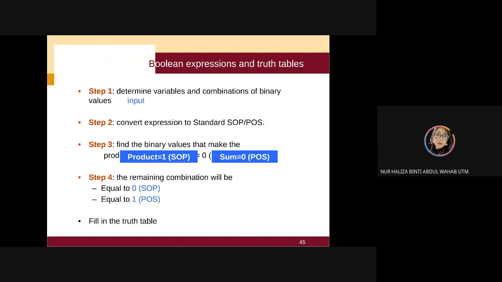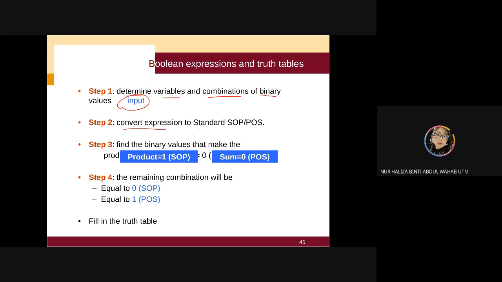And this is how you're going to represent a Boolean expression in your truth table. This one we also already covered. Determine the value of combinations of binary, which is input.